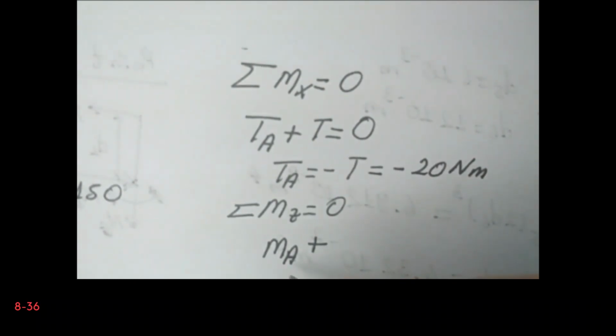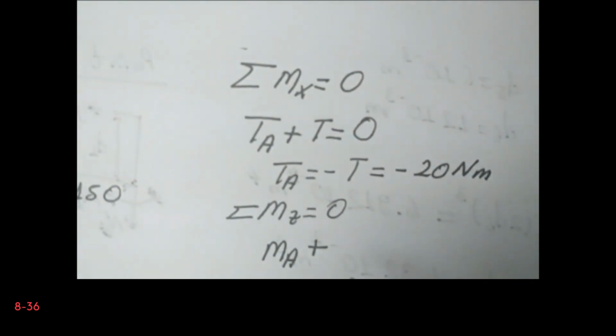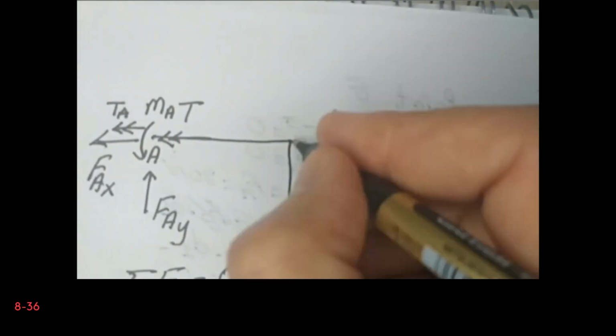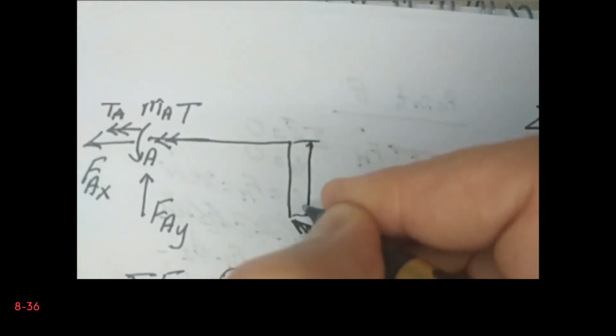Let's define some dimensions here, maybe that's better. So we have two dimensions. Let's say this height is d1, and this distance is d2.